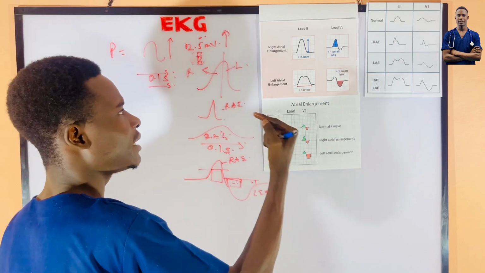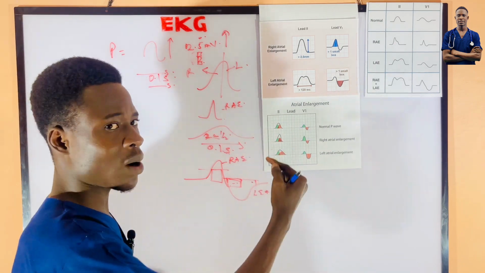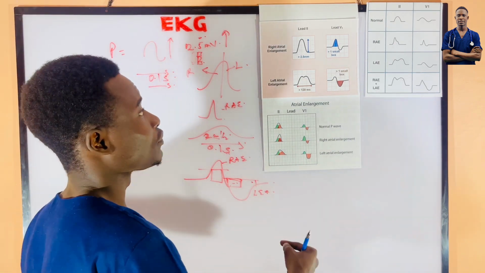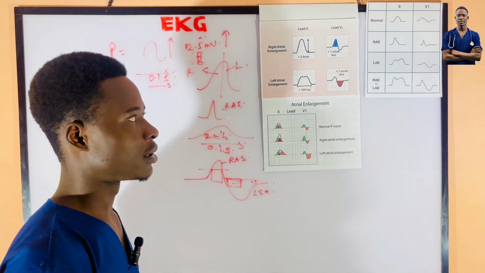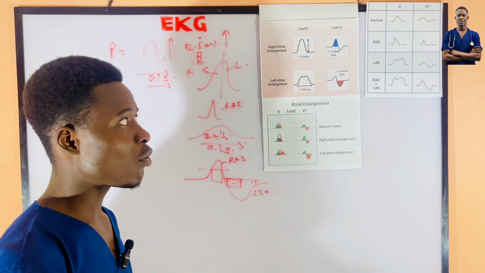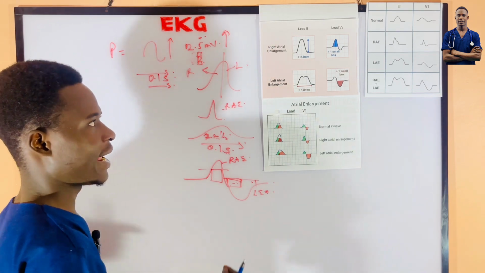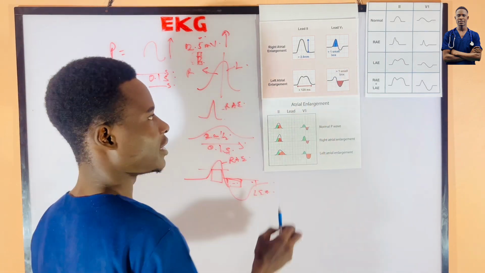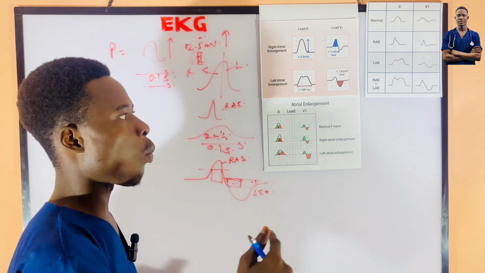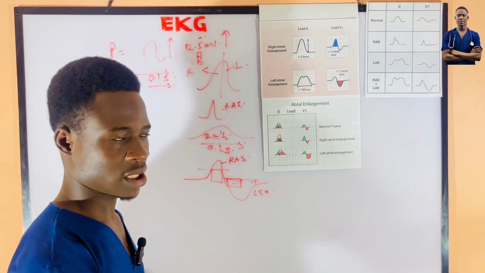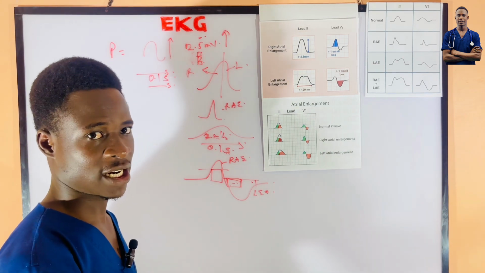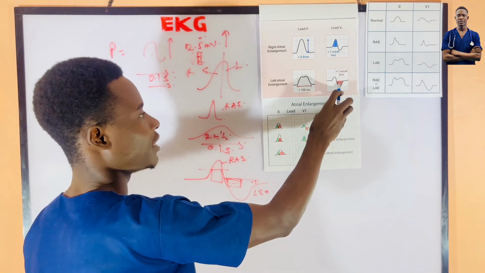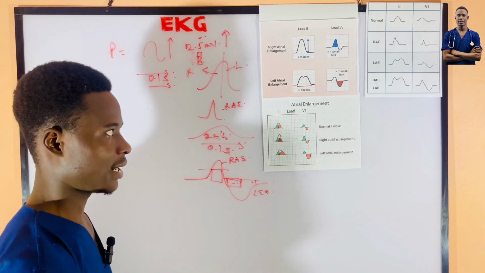And then on the V1, which is the precordial lead 1, we have the positive reading more than one small box, and then the negative reading also more than one small box. So the positive reading represents the right atrial enlargement, and then the negative reading represents the left atrial enlargement.